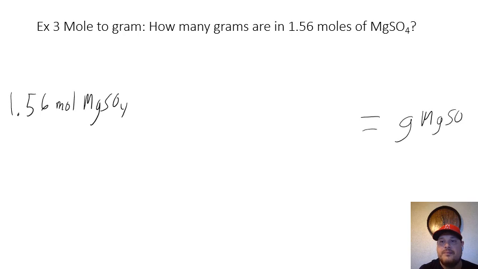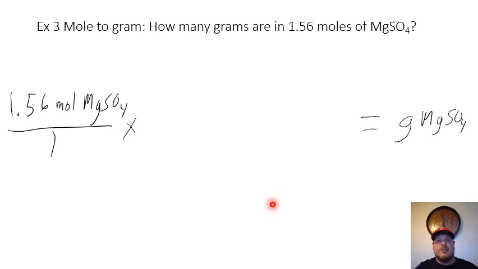Now, the next part of this is I ask myself, okay, in order for me to get from moles of magnesium sulfate to grams of magnesium sulfate, is there any direct way in which I can do that? And the answer is yes. Once again, I have to use my conversion factors, whether it's Avogadro's number, molar ratio, or molar mass. I have to figure out which one of those I'm going to use. The one that's going to bridge the gap from here to here is the molar mass of magnesium sulfate.